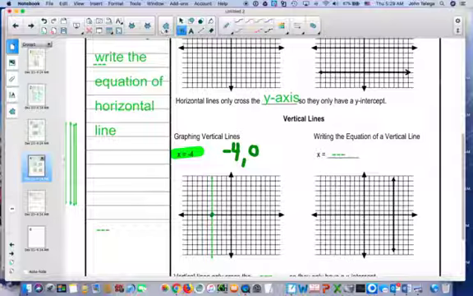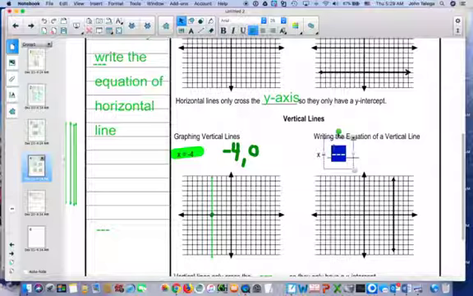So then graphing our vertical equation is basically, we look at the line and where it crosses the x-axis, and we go 1, 2, 3, 4, 5. Whoops, that's 6. So right over here, 1, 2, 3, 4, 5, 6. So it's crossing the x-axis at 6.